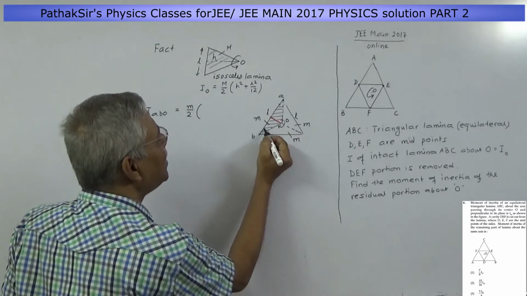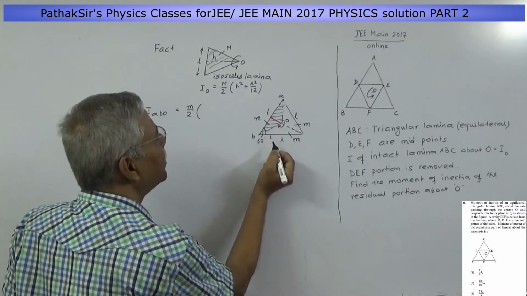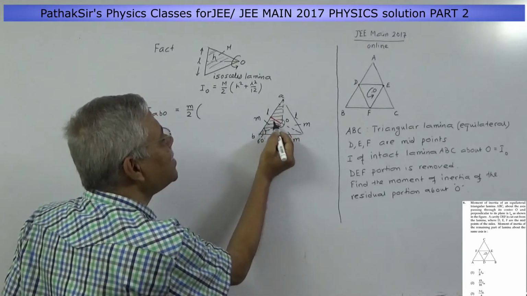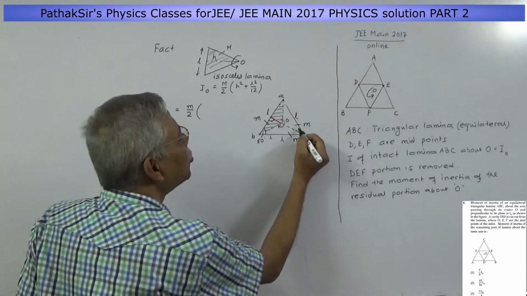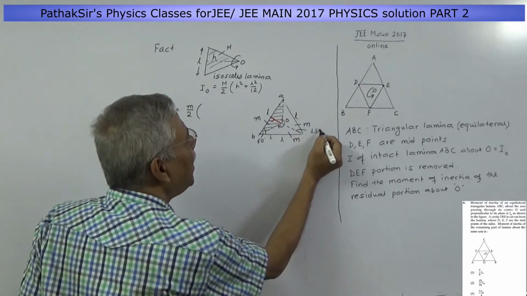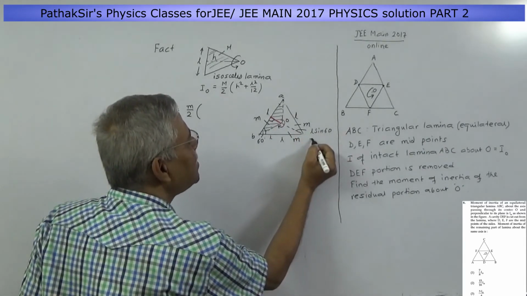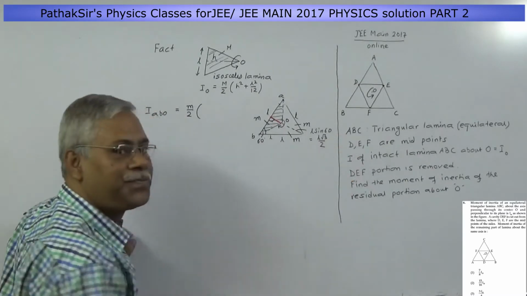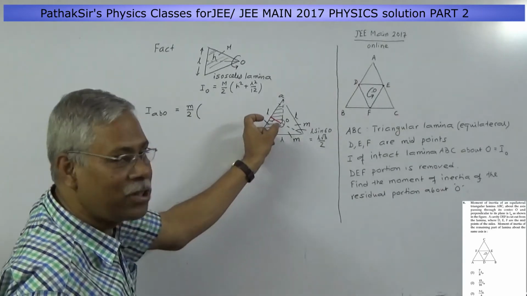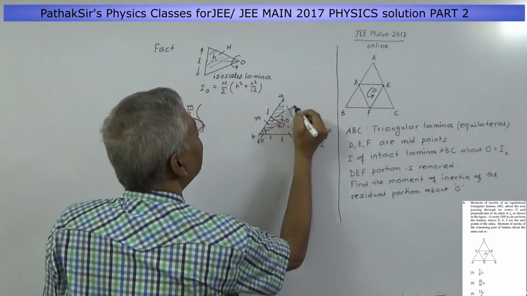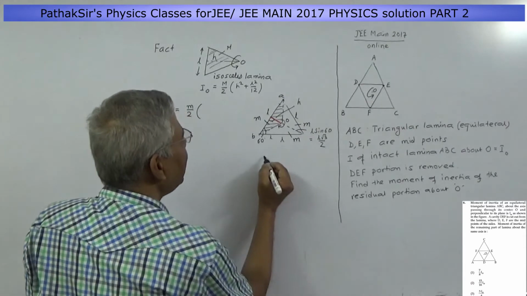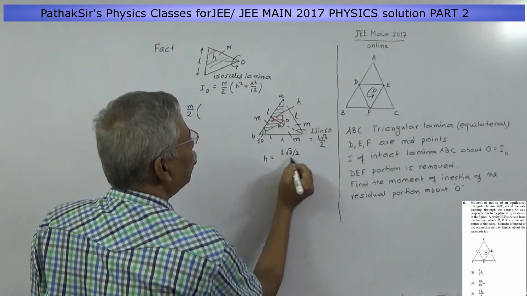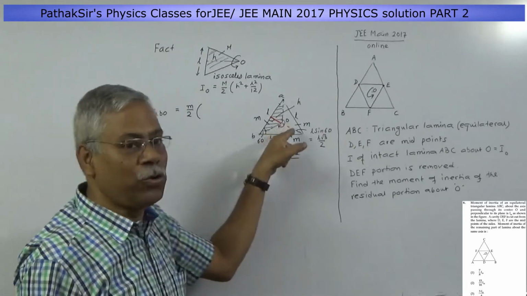This is L. This angle is 60 degrees. So this side is L cos 60 and this side is L sin 60 because this is a right angle triangle. So its length is L sin 60, that is L root 3 by 2. We are interested in the length of this portion. This is h. So h equals L root 3 by 2 divided by 2 plus 1.